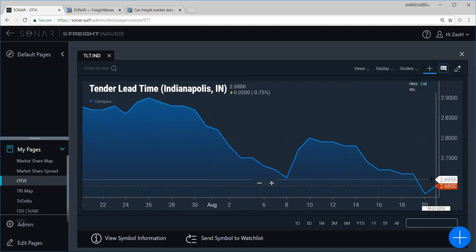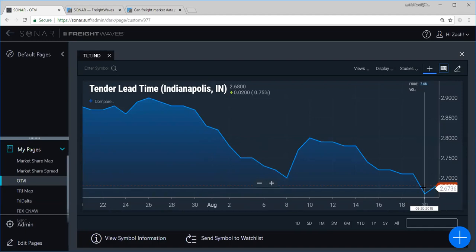Something also that can be happening with this is if a shipper is sending some loads out well in advance, it's going to inflate that number because they don't want to flood the market with 400 loads all at once. They know that's the way to get beat up on the rate side of things.